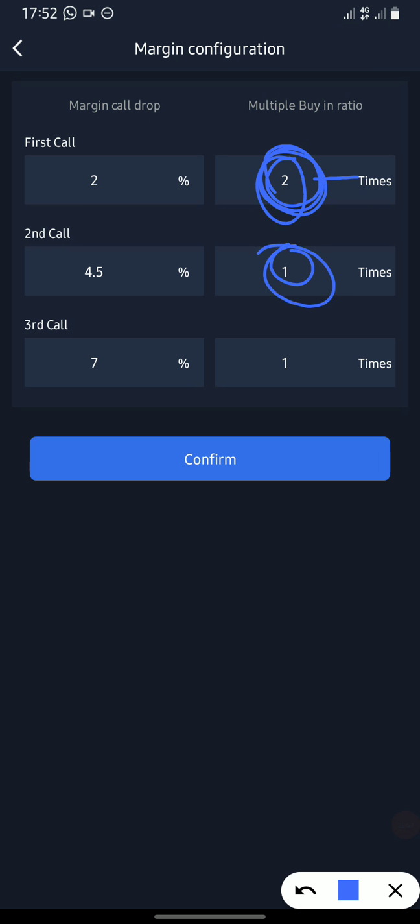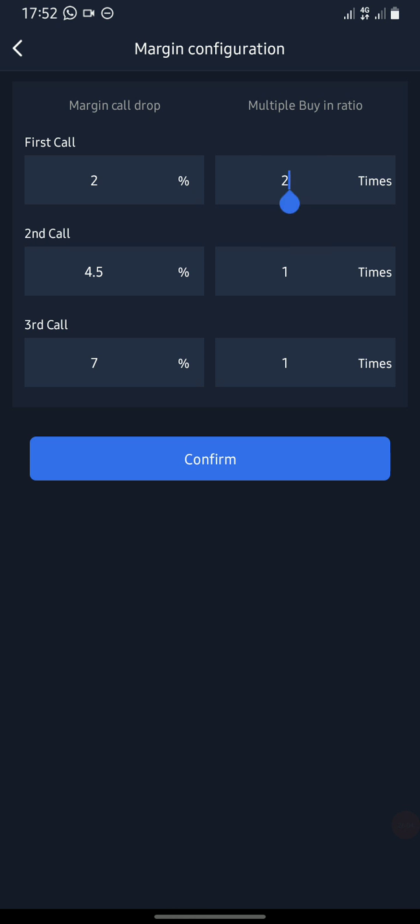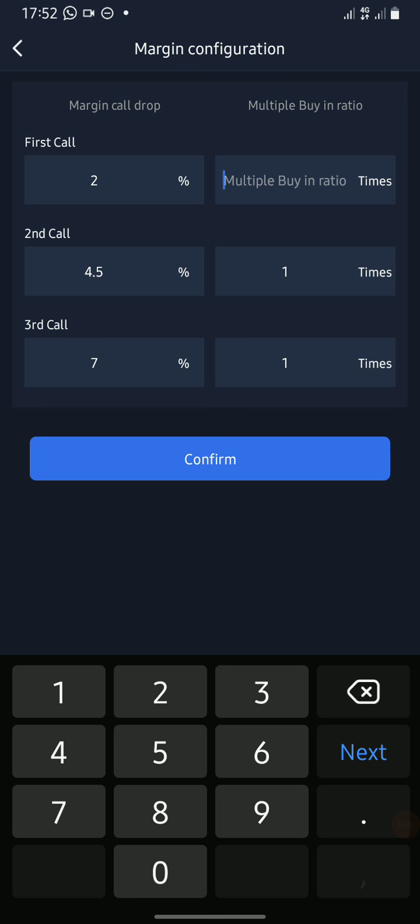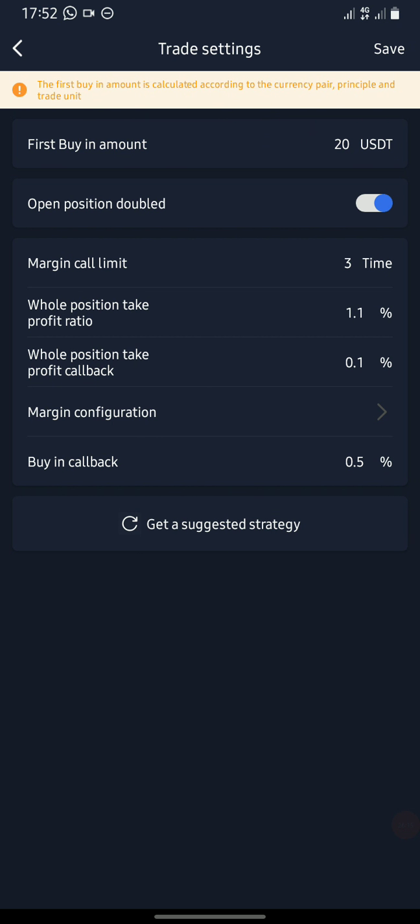Okay, that means I'll have to leave this at 1. Cool. All right, I'll leave that at 1. It's not advisable though, this open position double for $100 and spending the first buying amount to be 20 is not really advisable, but I want to do it.